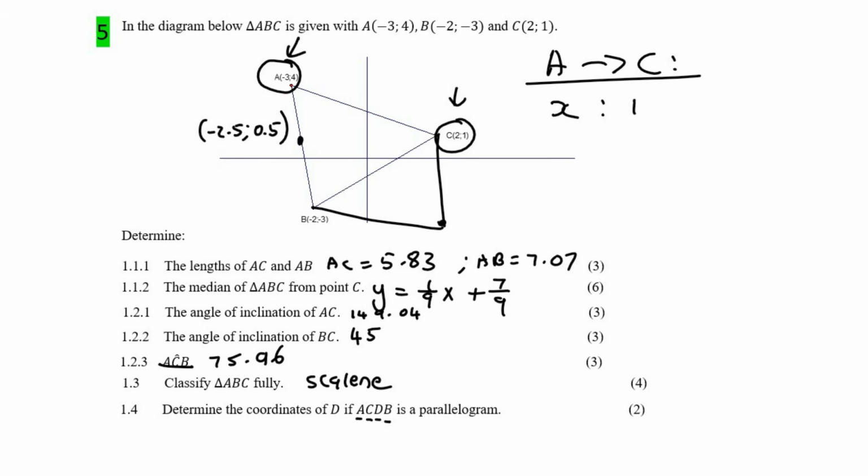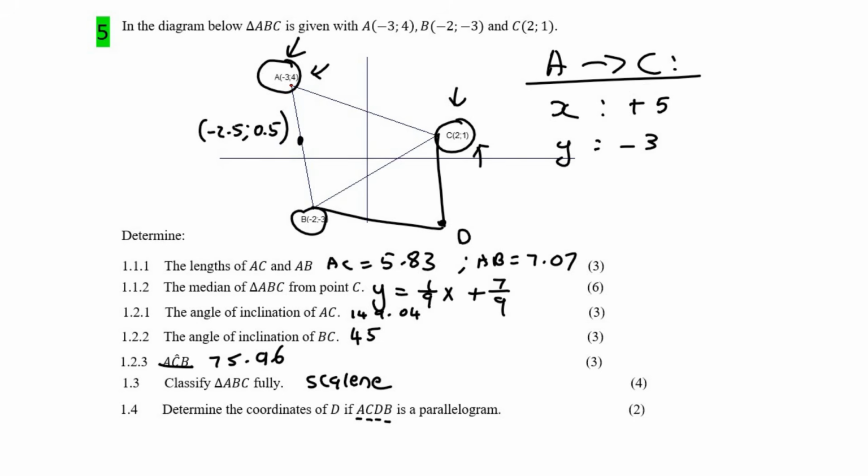So they increased by 5. Then if you look at the y values, they went from 4 to 1. So that means the y value went down by 3. Now that is going to be the exact same thing that happens when we go from B to this new point, D. It's also going to go up by 5 for the x and down by 3 for y.